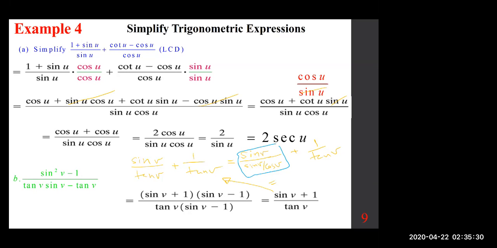Okay, this is a complex fraction. I hope you see that it simplifies to cosine v. 1 over tangent is cotangent v. Okay, class? So we can rewrite it in this format if you want. And this is one way to take care of the business.